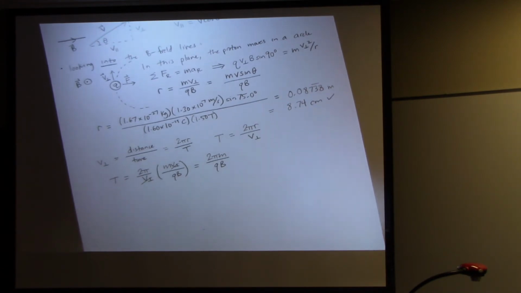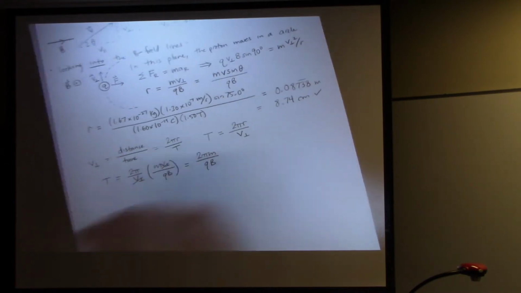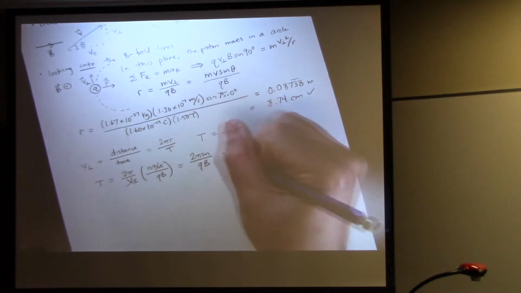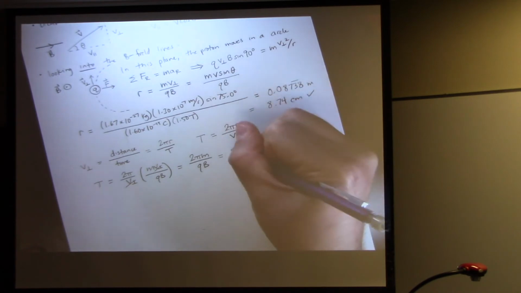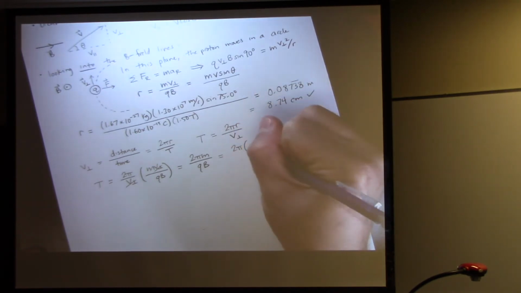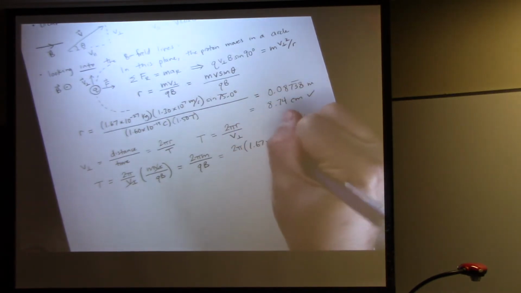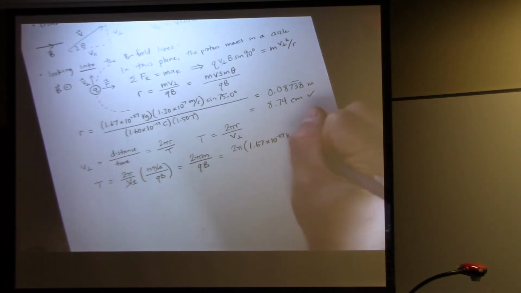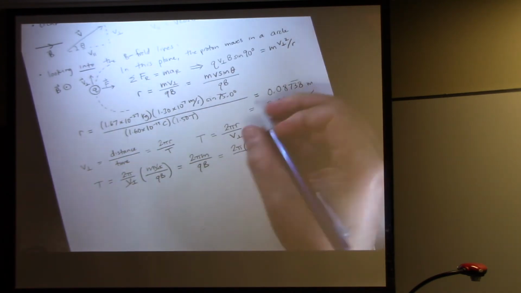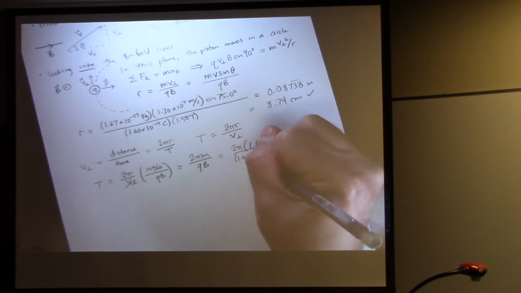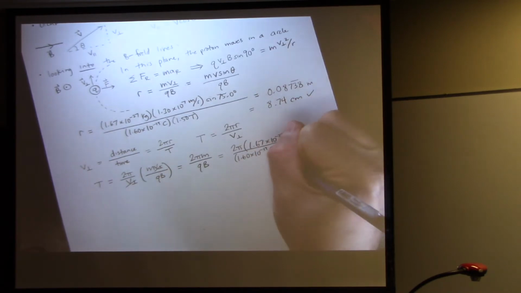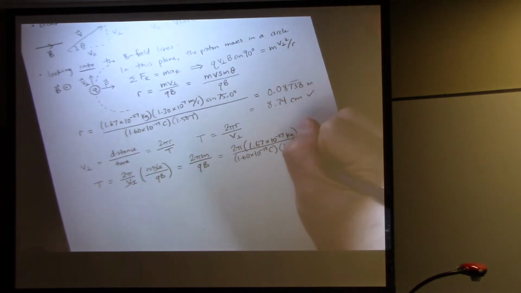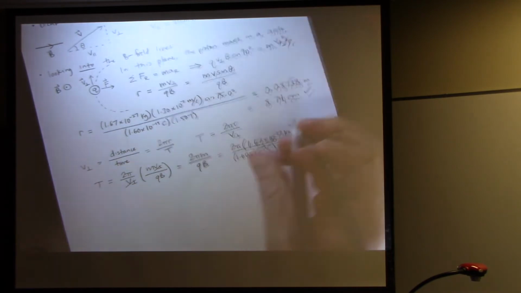And in fact, we're going to put a number to that to get the period. So let's plug in the mass, 2 pi times 1.67 times 10 to the minus 27 kilograms, divided by q, 1.60 times 10 to the minus 19 coulombs, B, 1.50 Tesla.